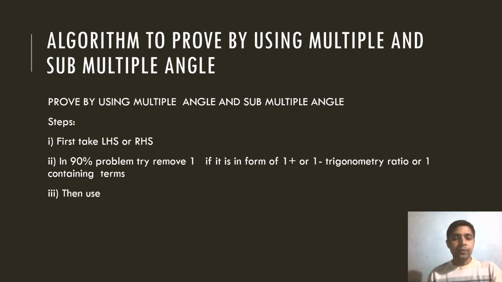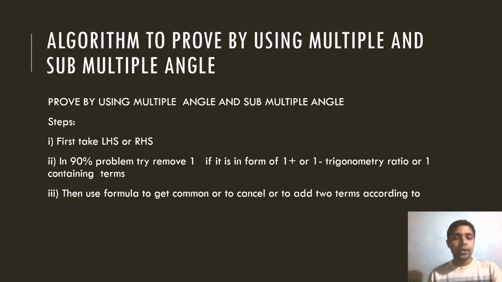Then in the third step we'll use a formula. Whichever formula applies after the first and second steps, we'll apply it accordingly. We'll apply the formula in such a way that we can get a common term, or cancel other terms, or add two terms.